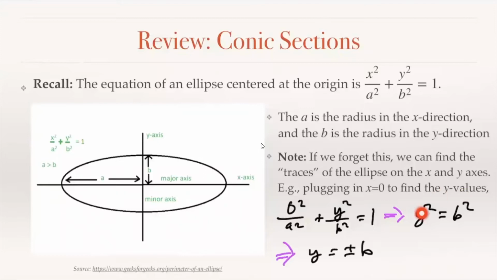Remember that when we take the square root of both sides, it's actually a plus or minus square root, because a negative number squared is also positive. And that plus or minus b for y is these two points. That's b, that's minus b.